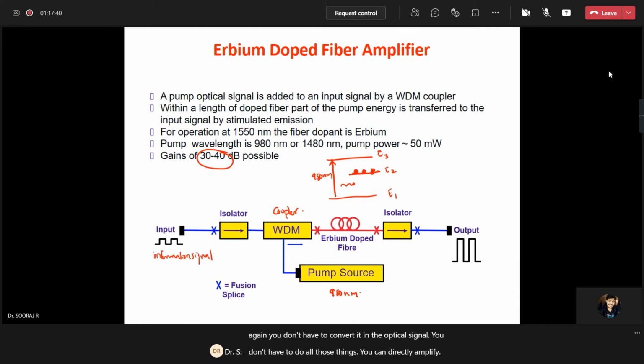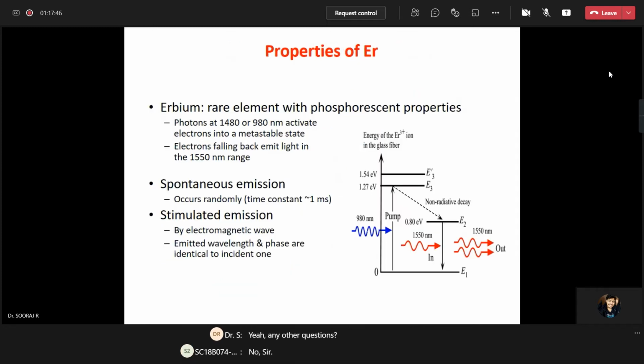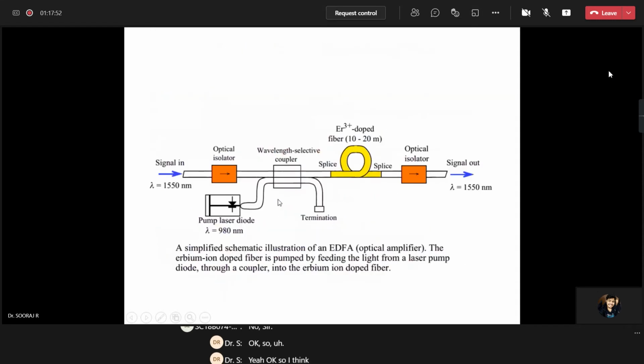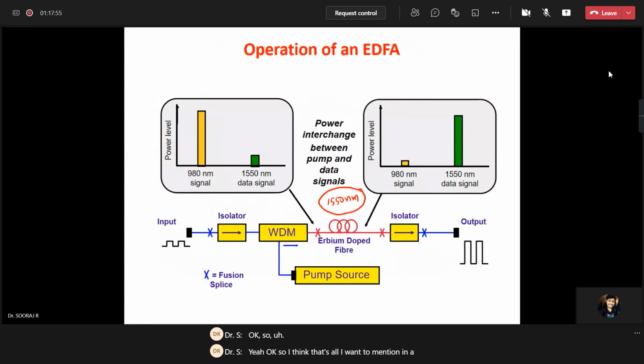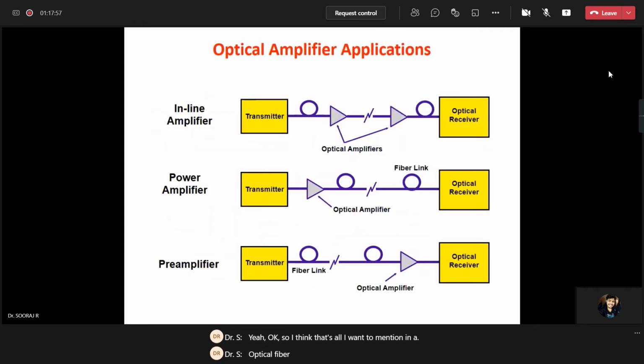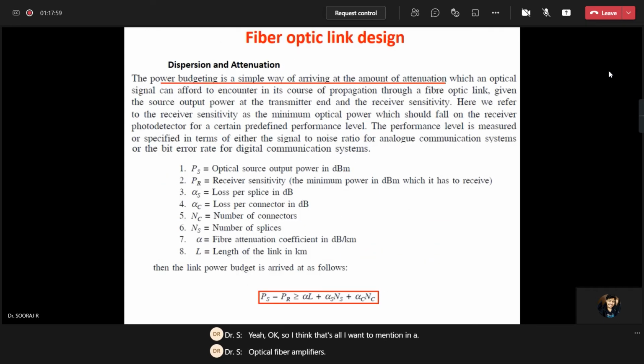Any other questions? No, sir. Okay, so I think that's all I want to mention on optical fiber amplifiers. I'll stop here for today.